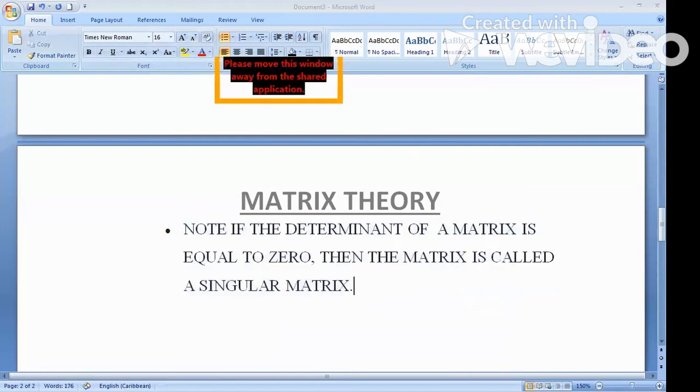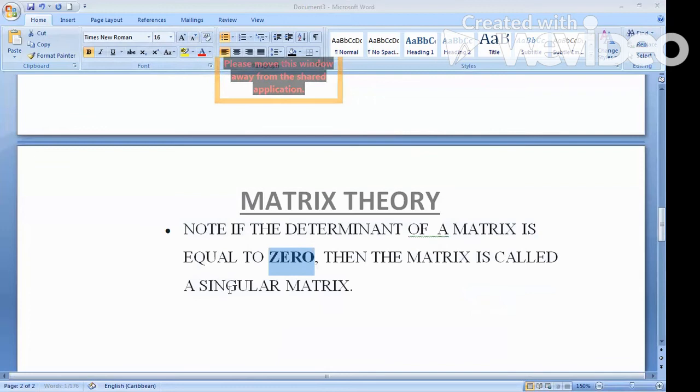So if you find the determinant of a matrix and it is equal to 0, then the matrix is called a what? Singular matrix.